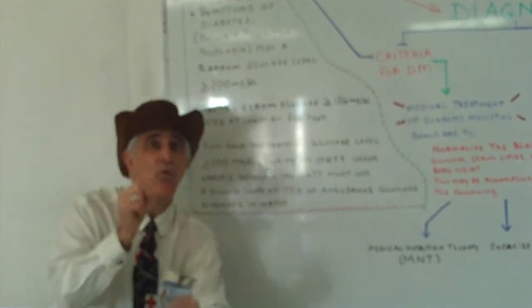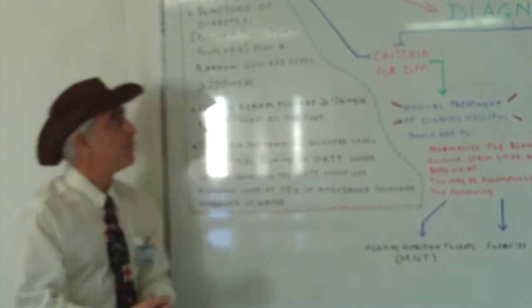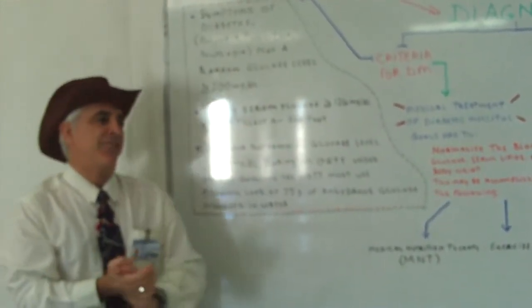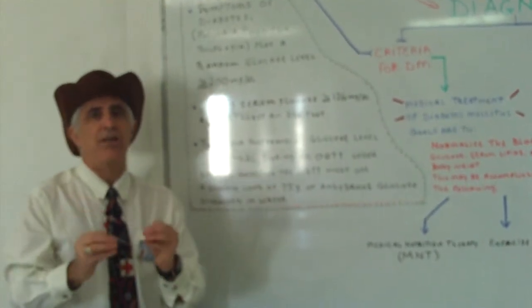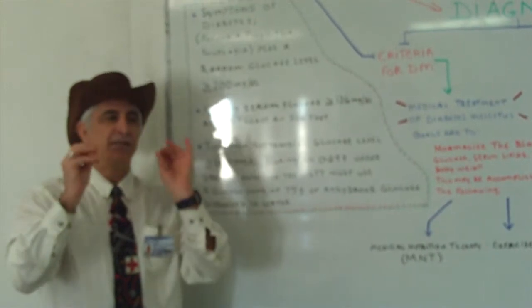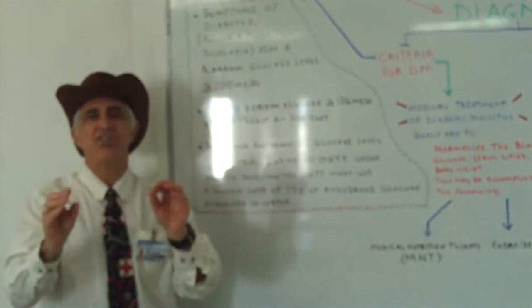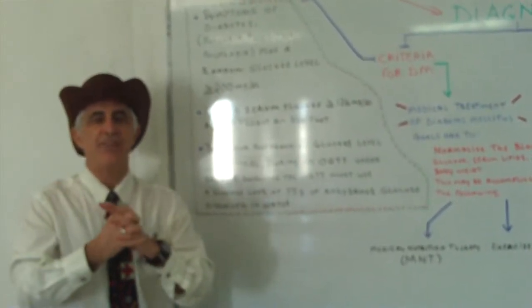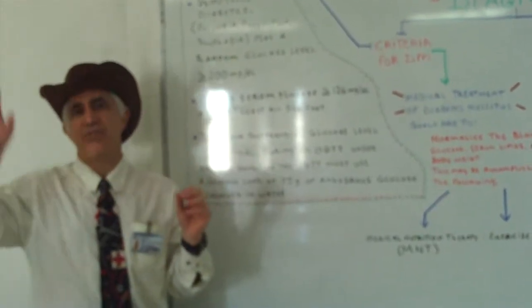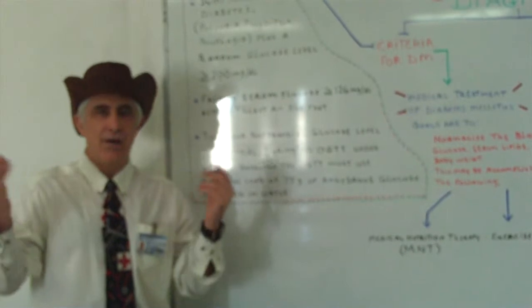But again, on 2 separate occasions. By the way, this criteria is established by the expert committee on the diagnosis and classification of diabetes mellitus. Established in 1997, updated in 2003.